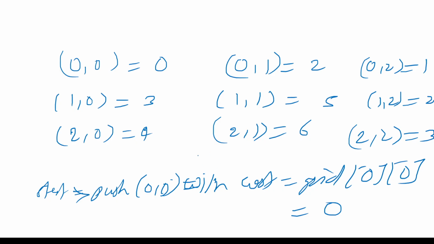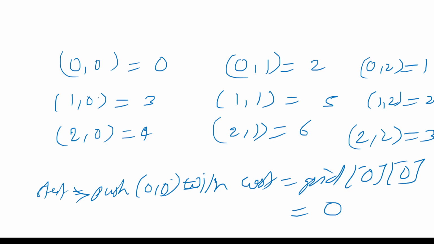Initially on the priority queue, we add this 0 0 with the cost 0. On the priority queue we'll store 0 with 0 0, like this. So this is the first entry, the very first initial step.